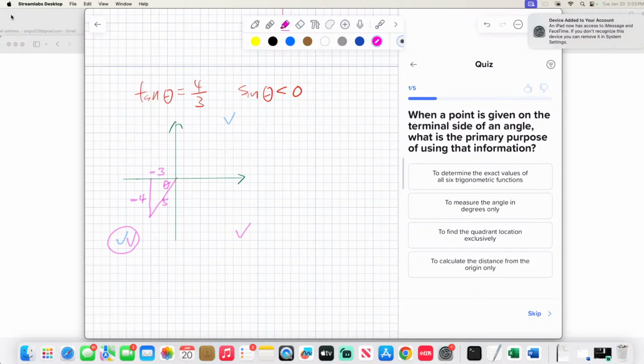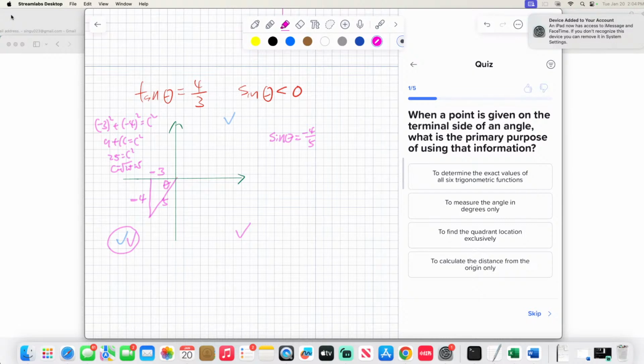So now can I figure out all the data? Well, I can figure out all the data now. Because of the 3, 4, 5 triangle, or you can do -3 squared plus -4 squared equal to c squared. So it's 9 plus 16 equal to c squared, 25 equal to c squared, c equal to square root of 25, which is 5.